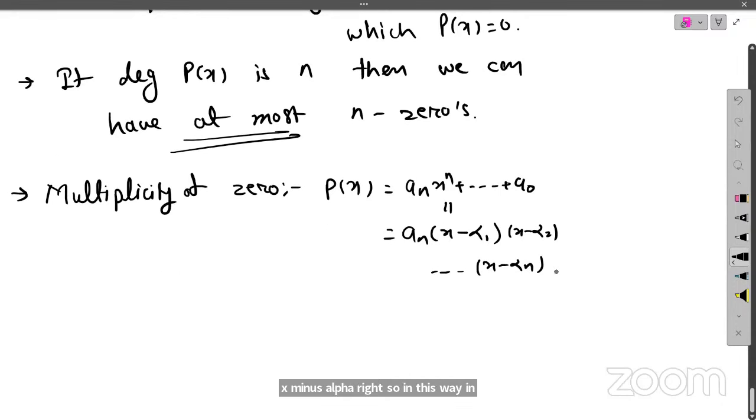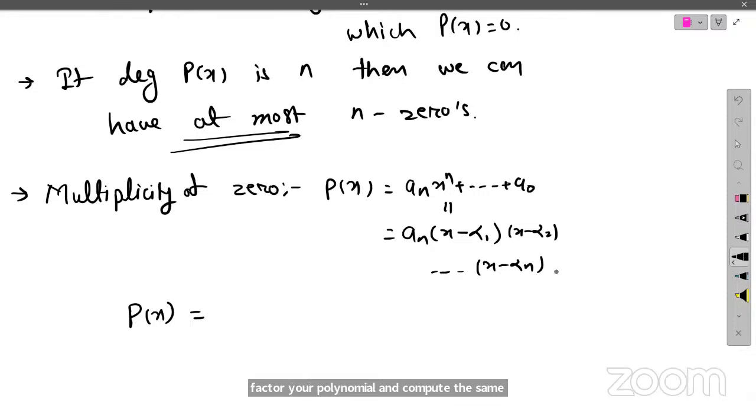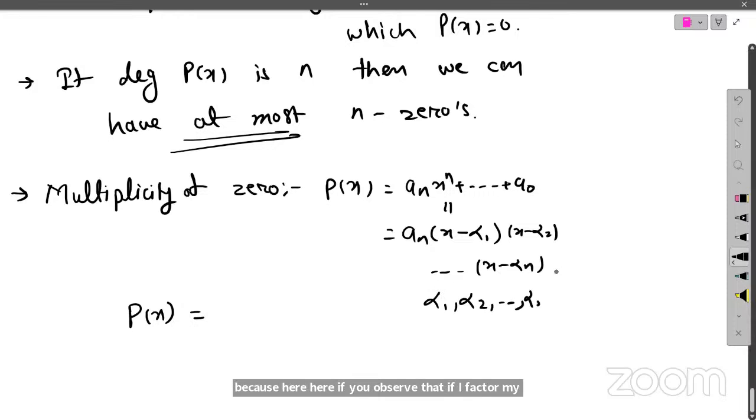And what is the multiplicity of zero? Multiplicity of zero is nothing but when you factor your polynomial and compute the number of factors associated to that particular root. Because here, if I factor my polynomial, then alpha 1, alpha 2, and so on alpha n are nothing but the zeros of p of x, right?